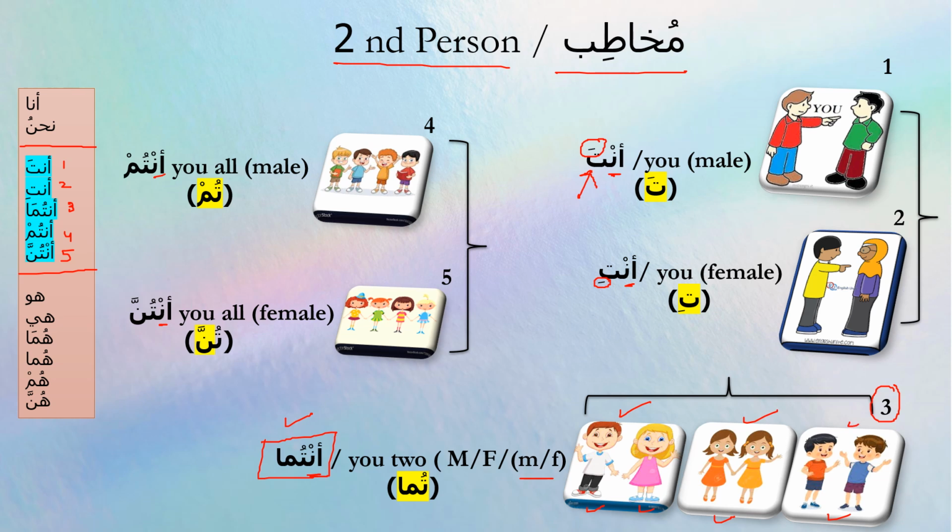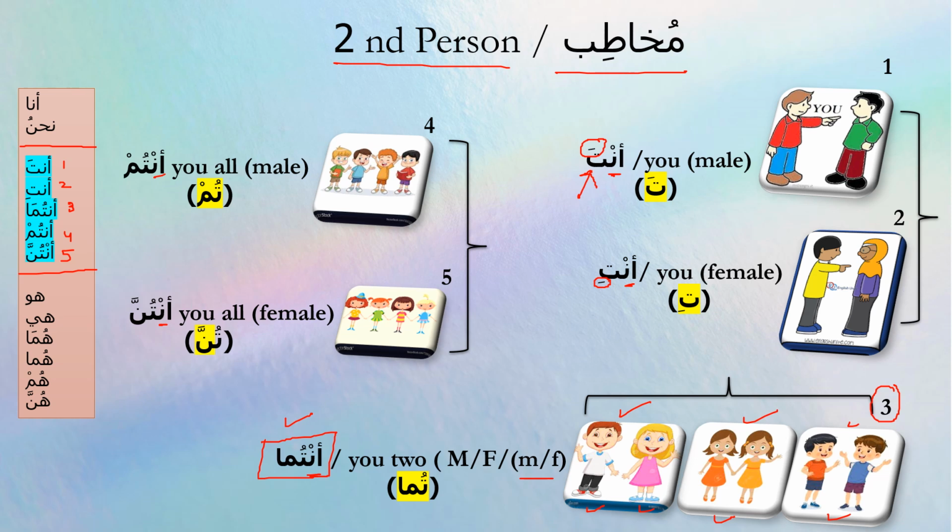Why is it so? Because the persons you are talking to, either there are two people in front of you, two males or two females, or one male and one female. You can see them with your own eyes. You don't have to distinguish whether you are talking to a male or a female. As in English, whenever you speak to somebody, you say you sit here, or you eat that, or you have done this, you have done that.